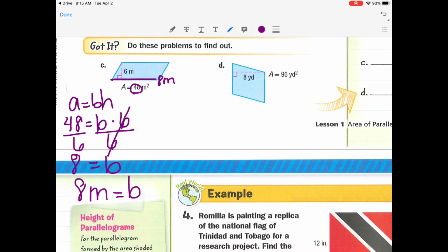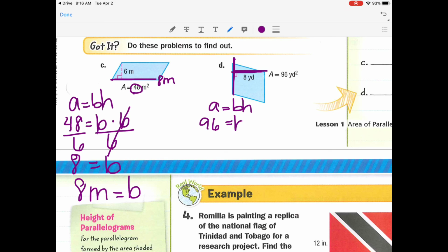Okay, let's take a look at D. So take a look here. This label is on the 90-degree angle, which is the height. So we have the height, but we don't have the base, but we have the area. So A equals base times height. My area is 96, but I don't know my base. Remember, this would be my base right now because that is perpendicular with my height.